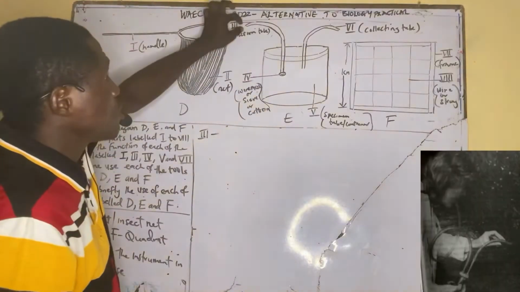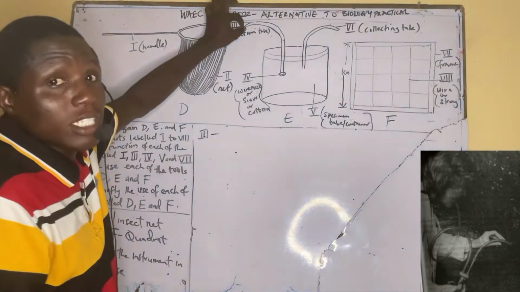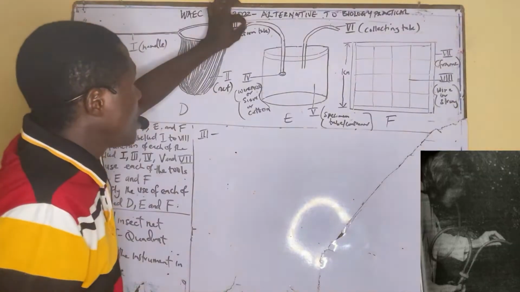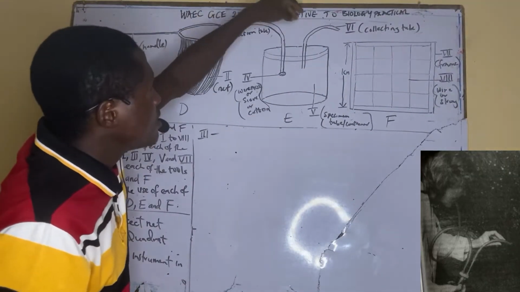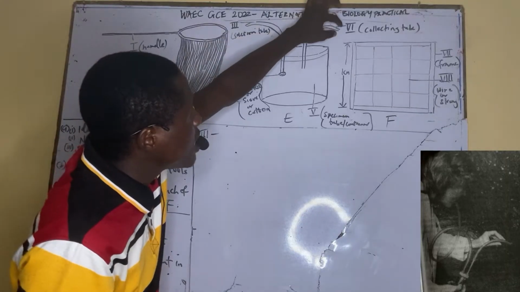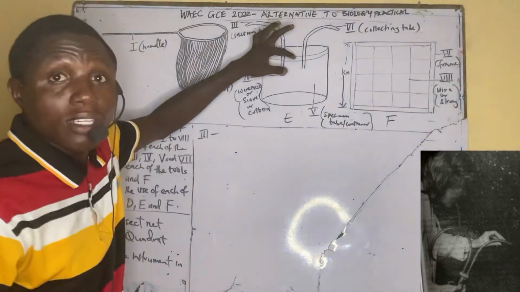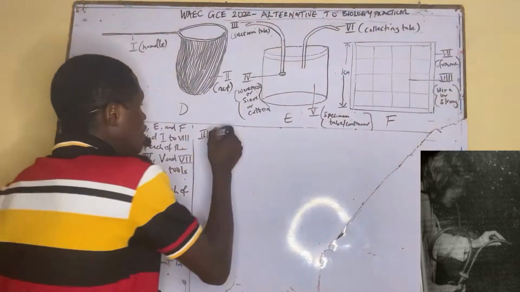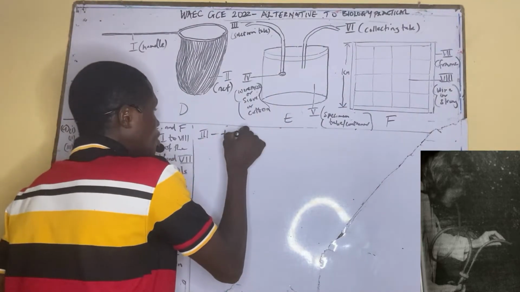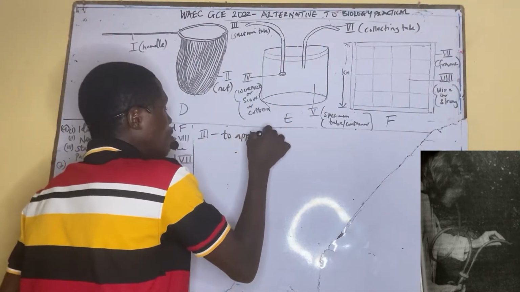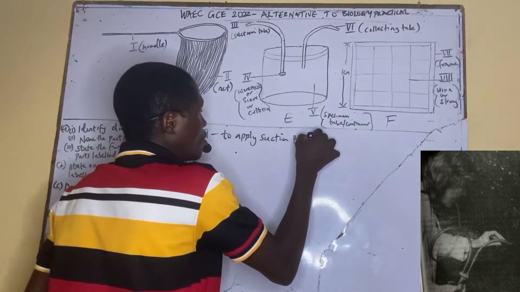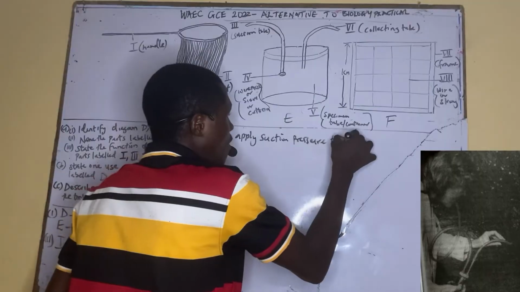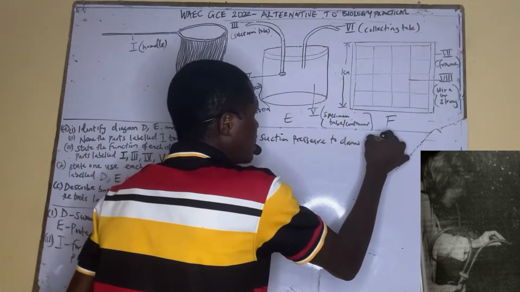As you apply suction pressure on this, as you see in the diagram on the screen, the insect is drawn from the collecting tube. So the function of the suction tube is to apply suction pressure to draw in the insect.